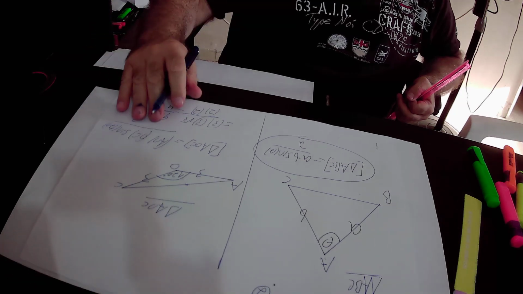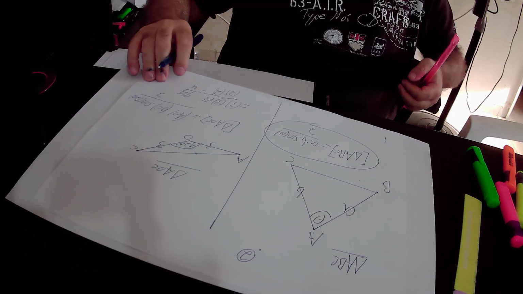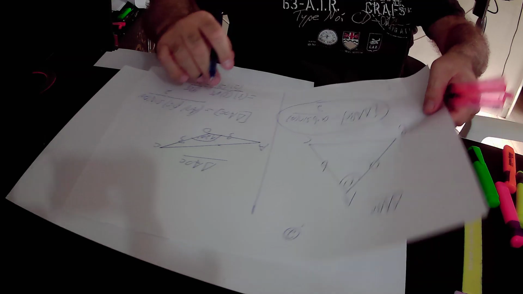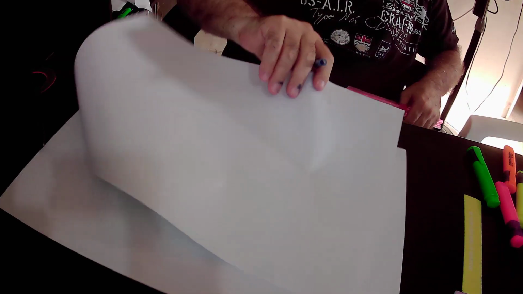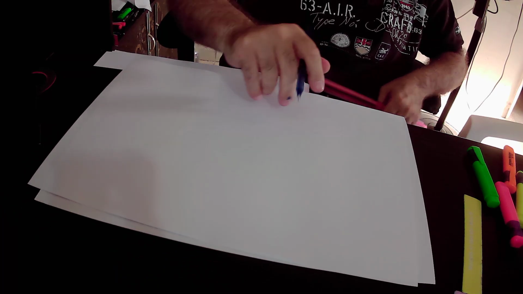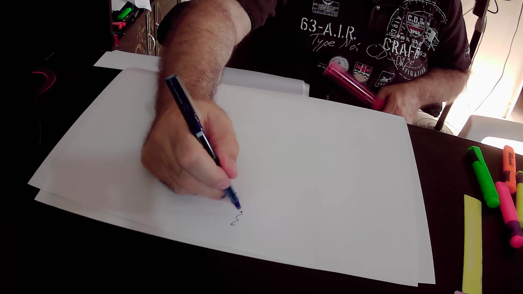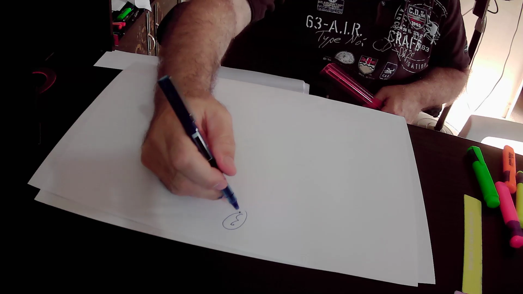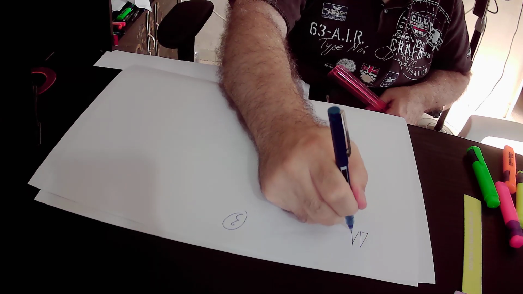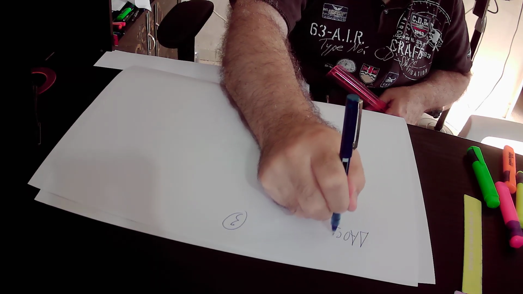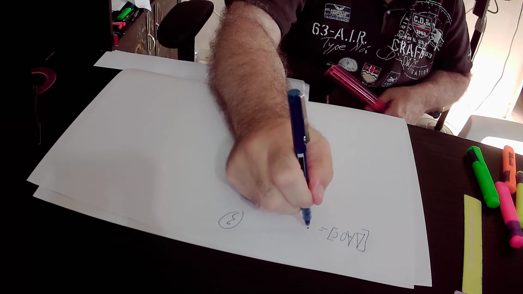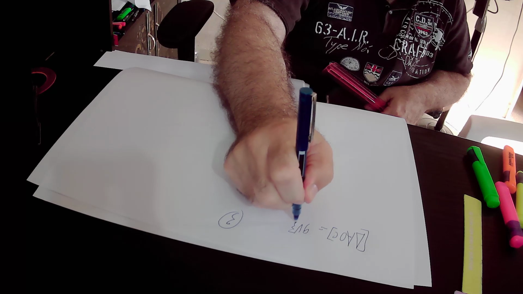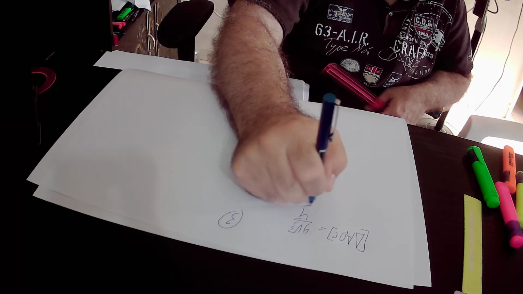So in conclusion, we found out that the area of this triangle AOC equals 9 times square root of 3 over 4 square units.